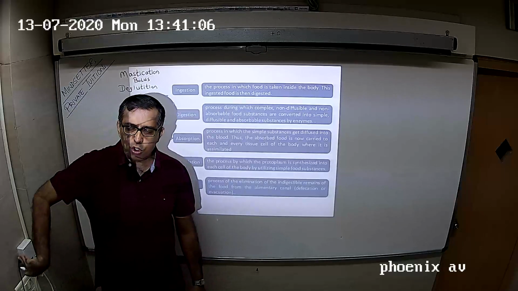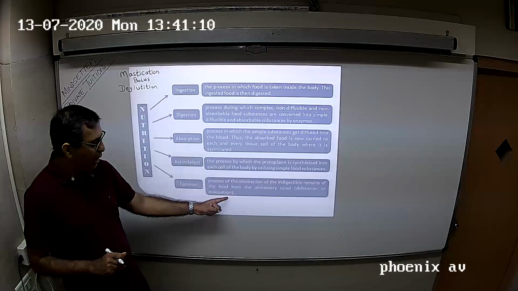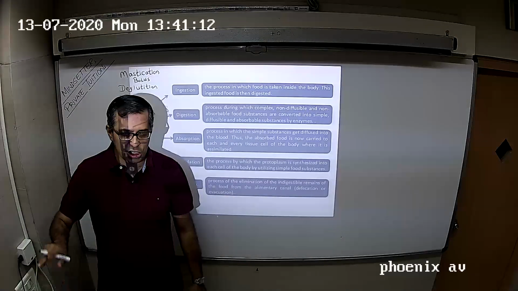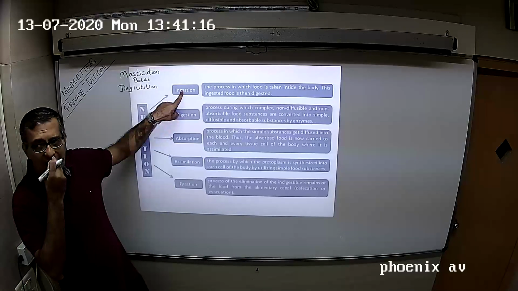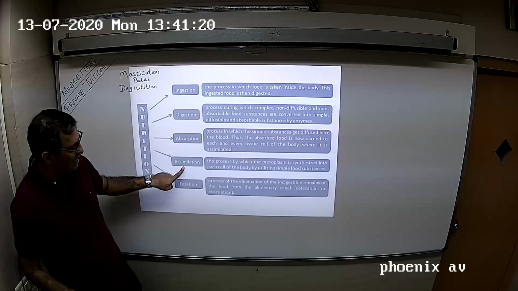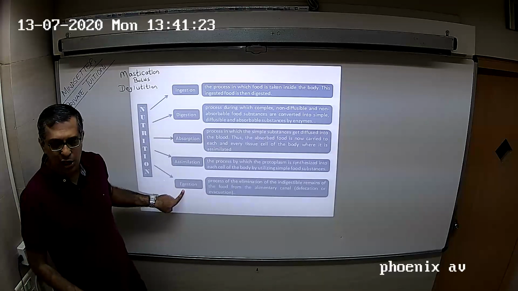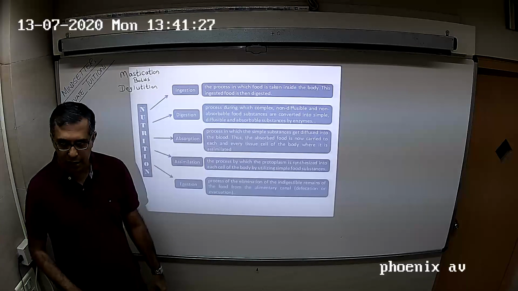So removal of stools is called defecation or evacuation or egestion, and that is the way food has undergone ingestion, digestion, absorption, assimilation and egestion, and this is the mainstay of nutrition.